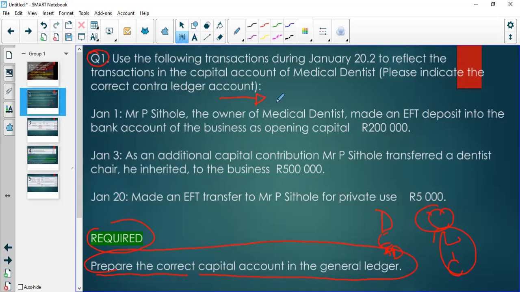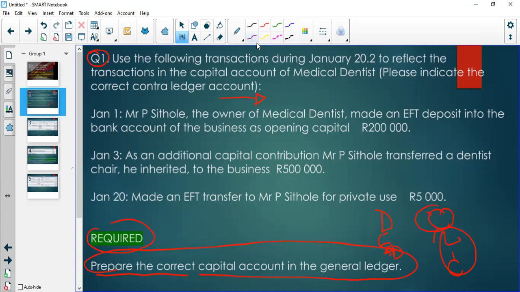What we're going to do here is assume that whenever we have drawings, we record them immediately on the debit side of the capital account, whereas the actual treatment is that you record drawings on the debit side of the drawings account, and then at the end of the month, you transfer those drawings to the capital account. But that doesn't matter.